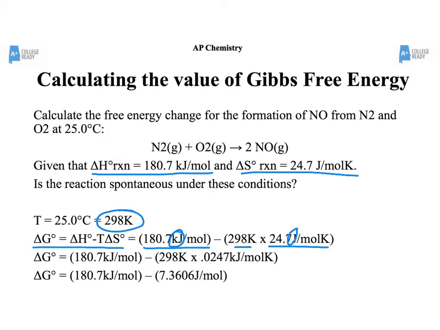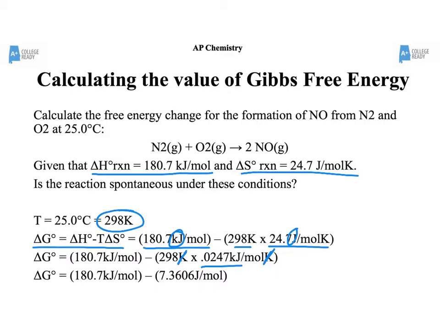Typically, we change the delta S to kilojoules. So in the next step, that's all I did right there. Change the delta S to kilojoules. And look what happens when we multiply the temperature times the delta S, then our Kelvin units are going to go away. And so we have delta G equals the value of the enthalpy minus T times delta S.